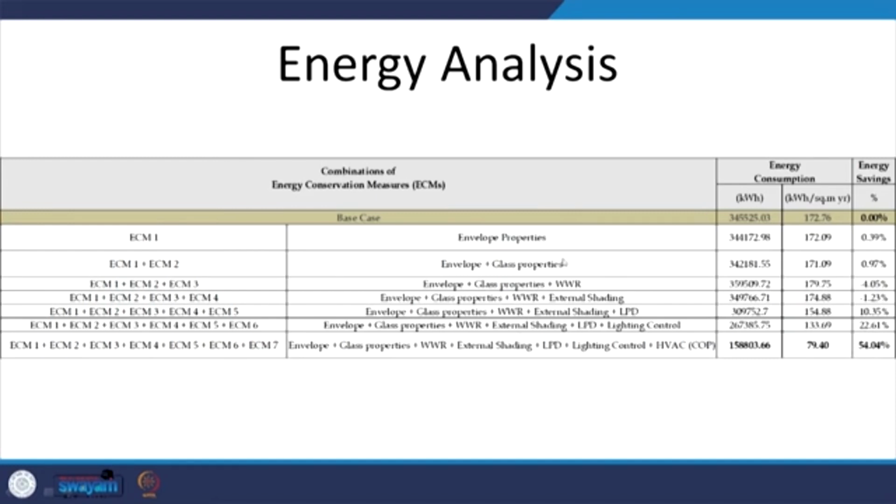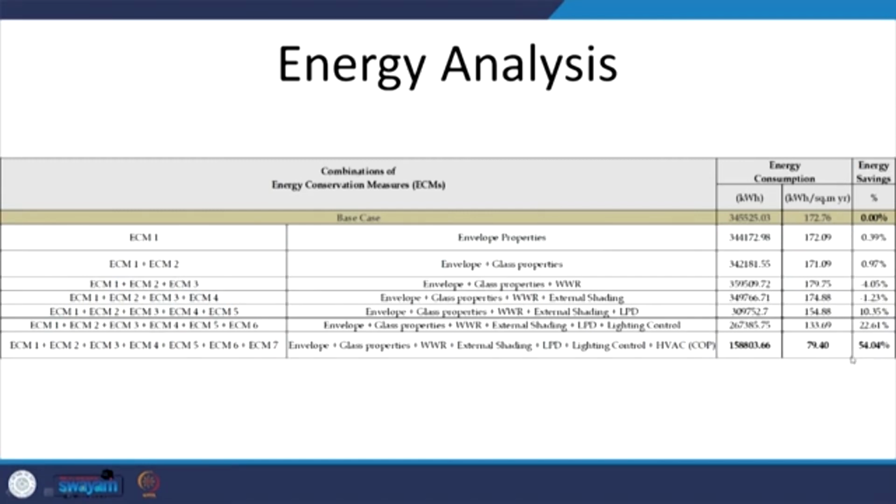So, we see here that all these energy conservation measures have the contribution towards energy savings. Now, once we have completed all this exercise, it could be done individually or in groups or whichever way you want, but you will be able to have a good idea of how this energy saving is happening.